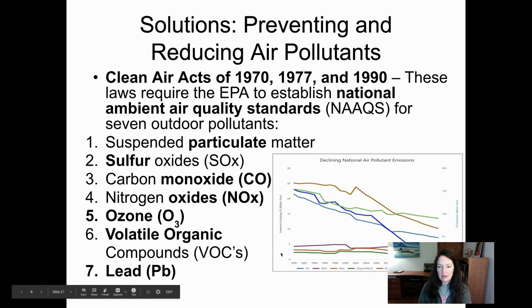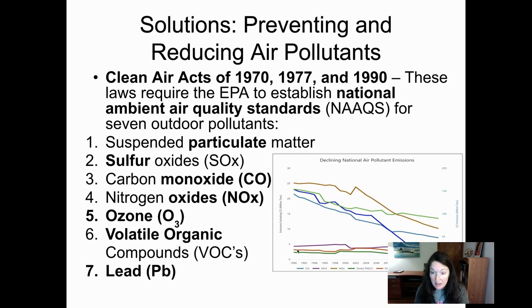Steady since the 1970s legislation are ammonia, direct particulate matter less than 10 micrometers, and then the particulate matter less than 2.5. So we've been regulating the particulate matter for a while.